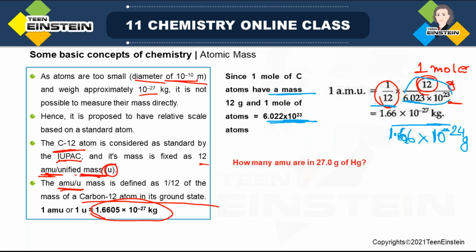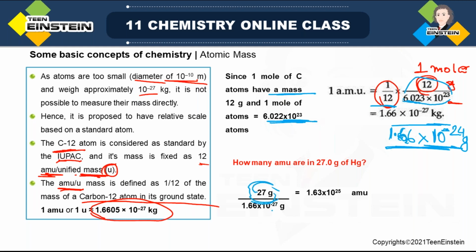Now if you simply consider this particular problem, your idea will be more clear. Suppose it is asked how many AMU are present in 27 gram of mercury. That is the question. We know what is 1 AMU, right? So 1 AMU is basically this mass, but our mass is given as 27 gram.